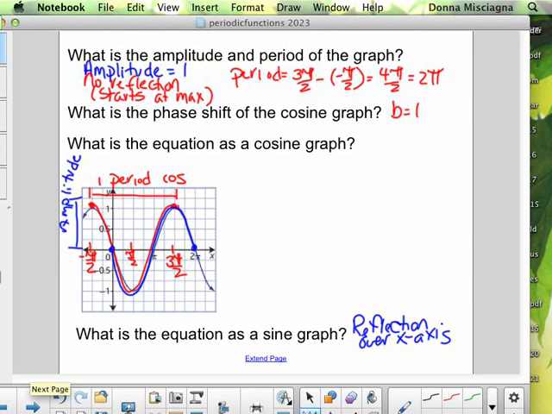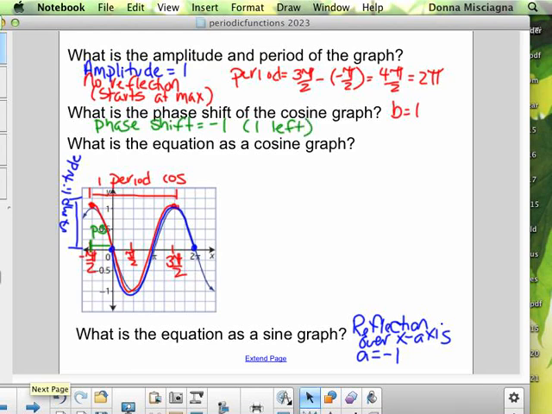So here A is going to be -1, whereas for the cosine graph, A is just 1. The last thing is the phase shift. This here is our phase shift, and notice that this time we are going to the left. So the phase shift is -1 because we're going 1 left.